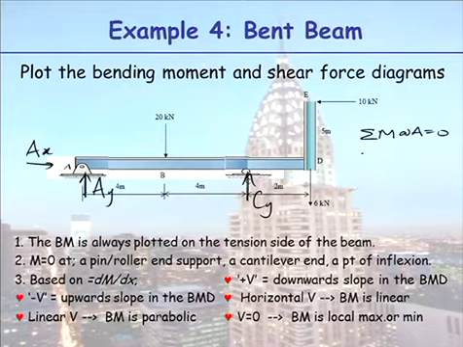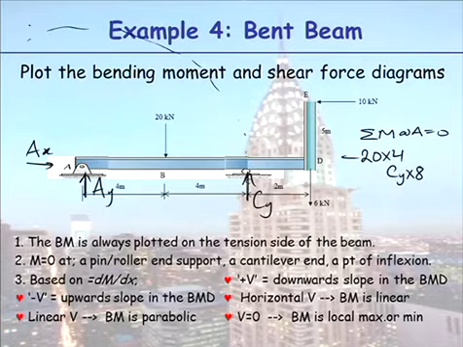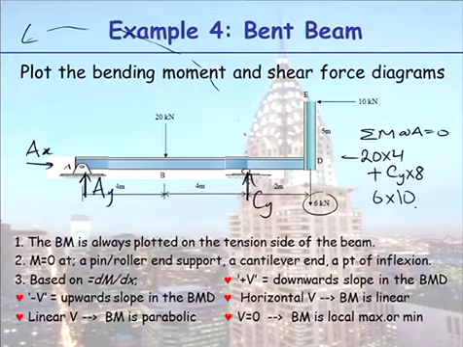Taking moments at A, I have 20 times 4. It's going clockwise. I have CY times 8. That's going anti-clockwise. And I have 6 kilonewton, this down here, times 4, 8, 10. That's going clockwise, so that's minus.